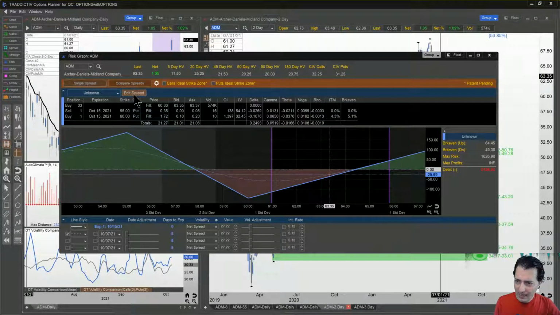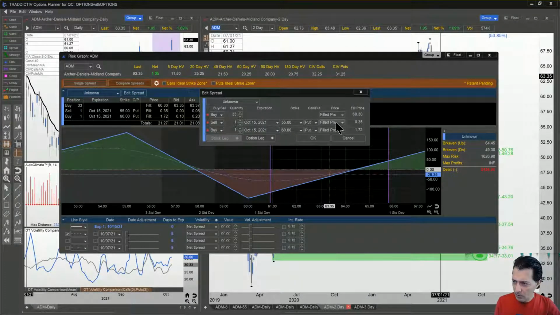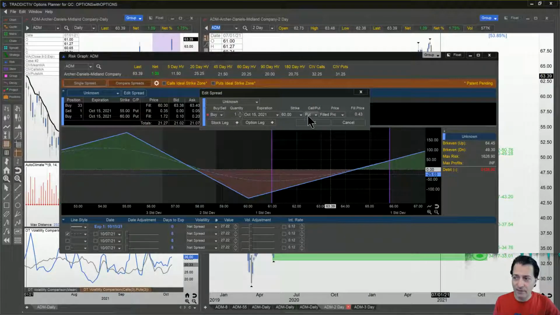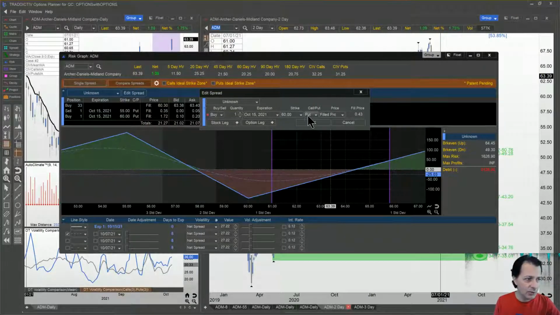So let's edit. Okay, so first of all, we said the 60 put had an equivalent cost of 43 cents, which, to be honest, I would need to recalculate to know exactly, because I just got filled at a very specific price on the stock. So let's do quick math.